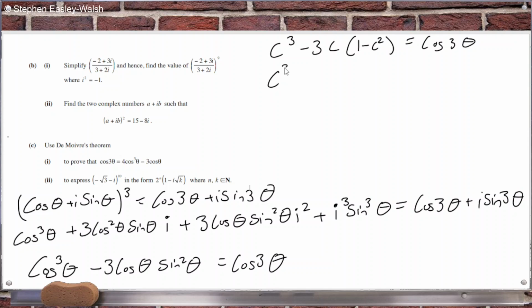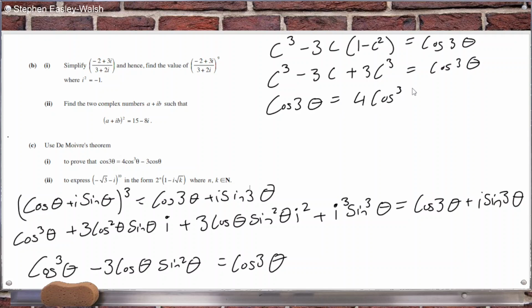So that's cos cubed minus 3 cos plus 3 cos cubed equals cos 3 theta. So we have our result: cos 3 theta equals 4 cos cubed theta minus 3 cos theta, which is exactly what we needed to get there.